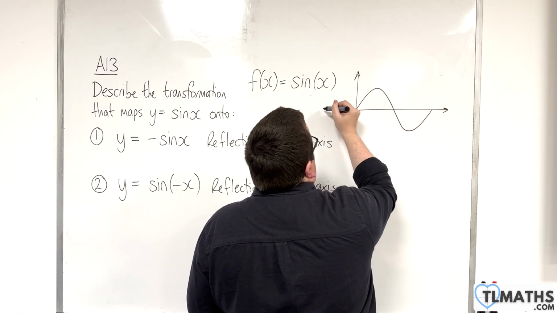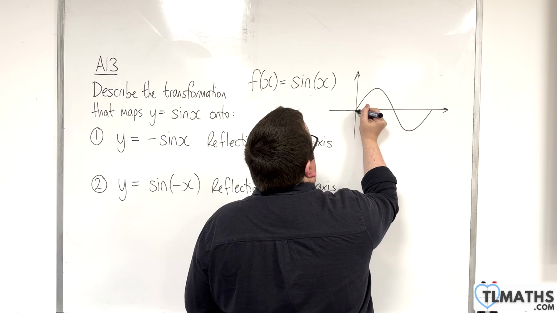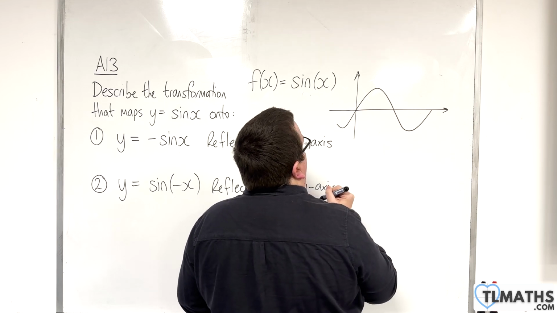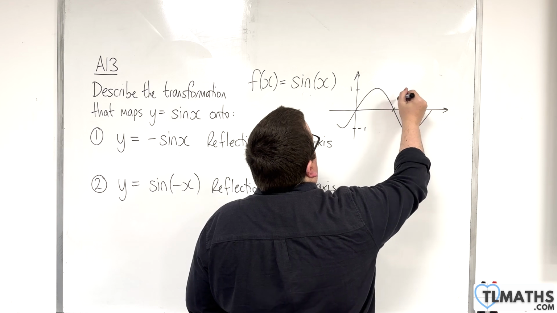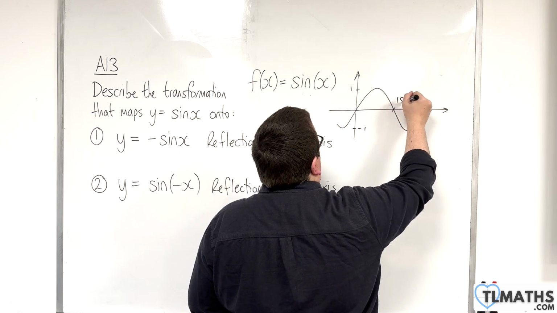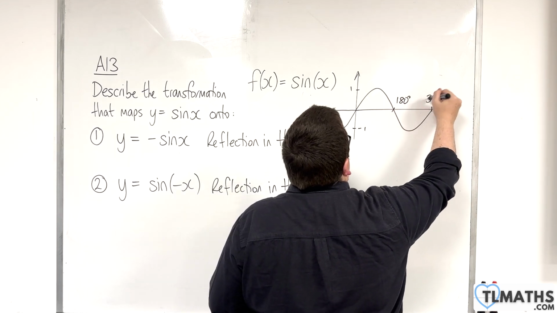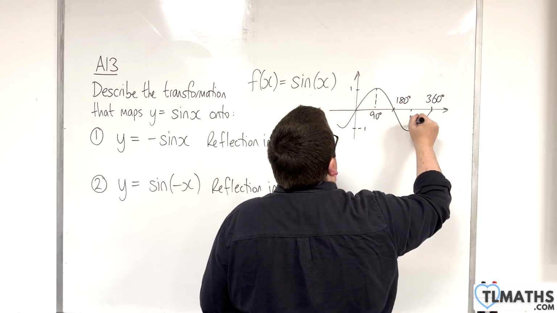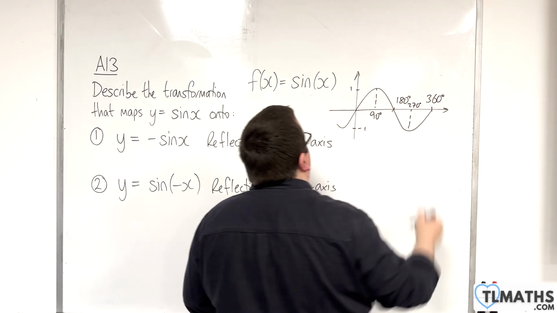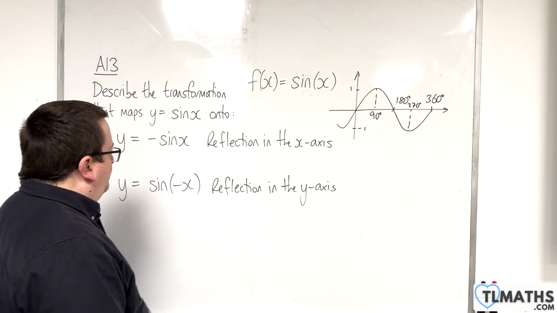So let's put a little bit to the left of the y-axis as well. Okay, so something like that. So here's 1, minus 1. This is 180 degrees, and that's 360 degrees. There's 90, and there's 270. Okay, so something like that.